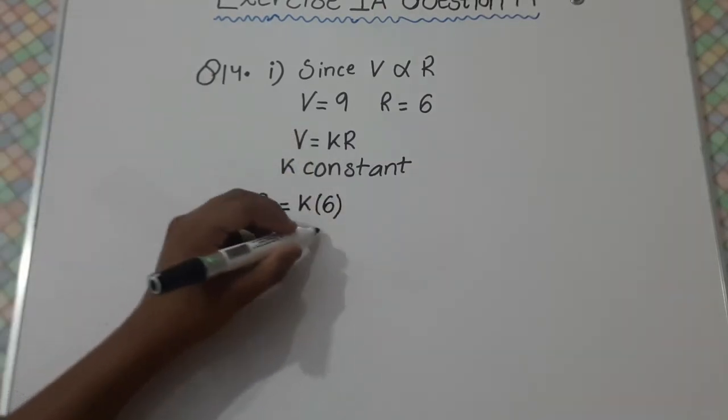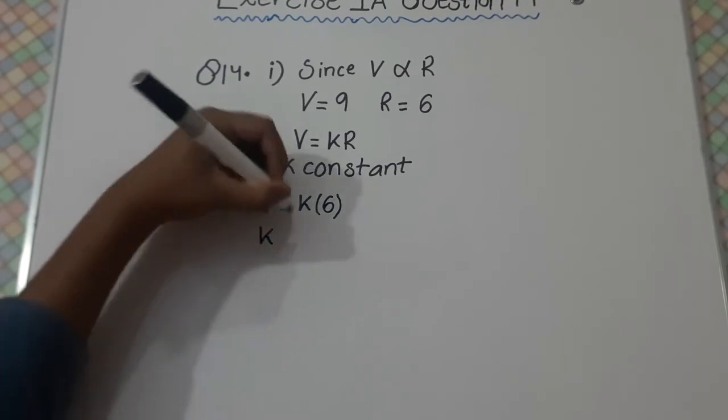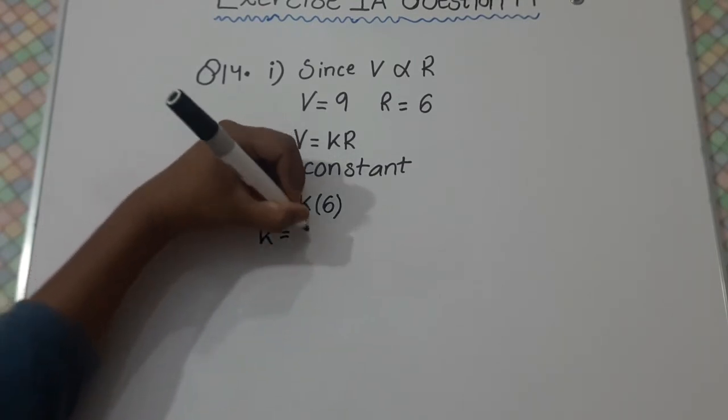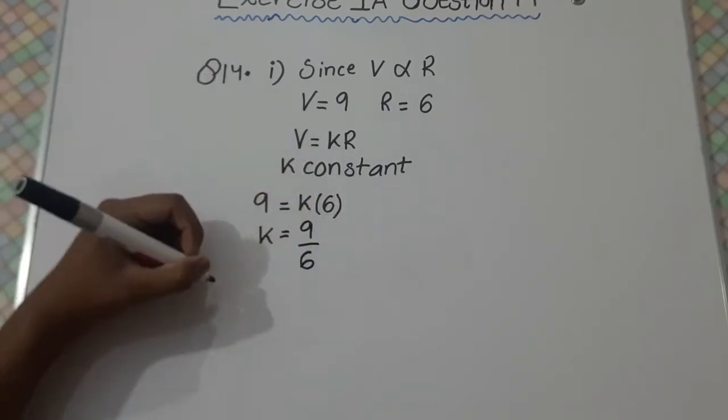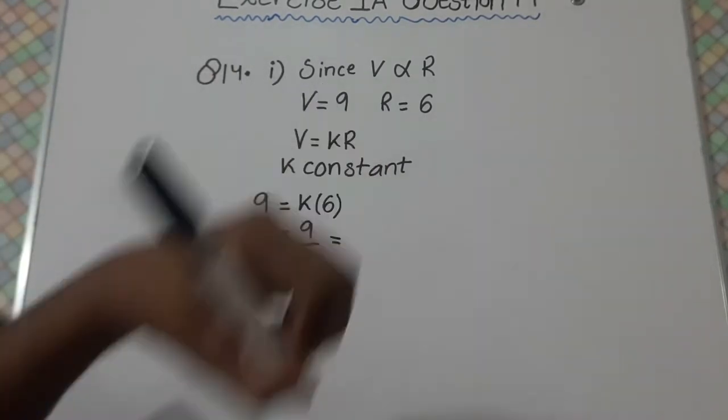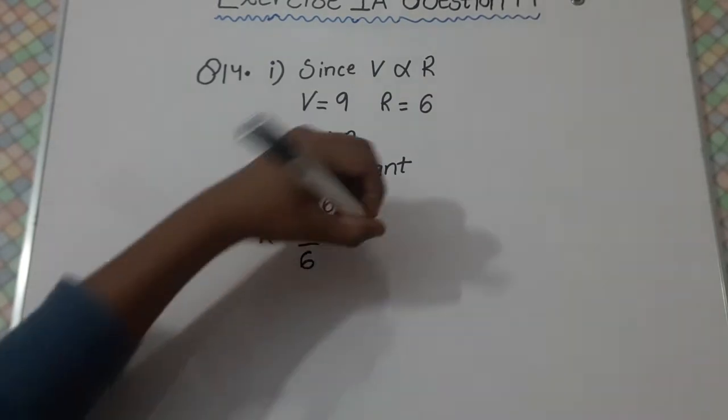So if we shift 9 over here, it would become K equals 9 divided by 6. After calculation, we are getting an answer 1.5.